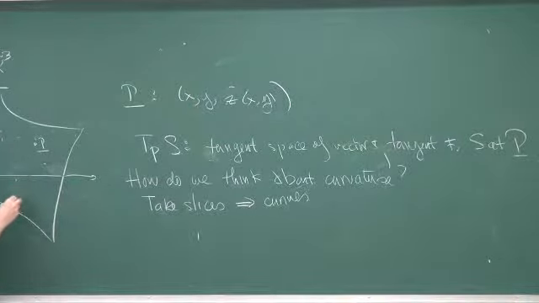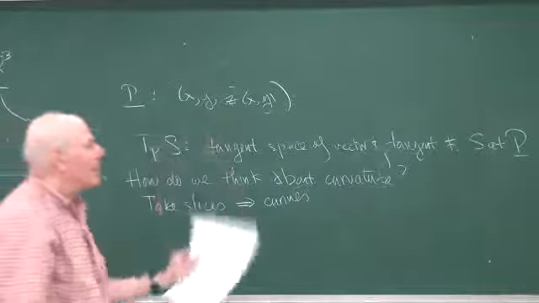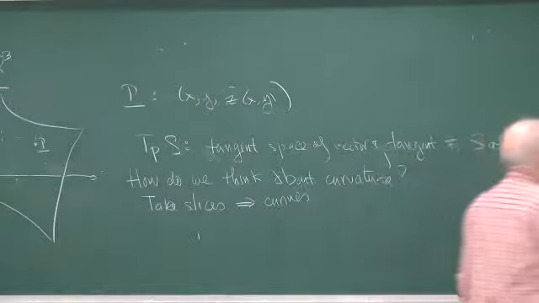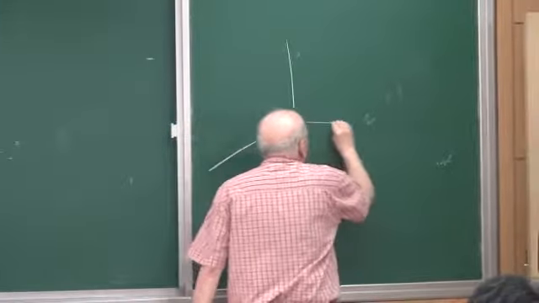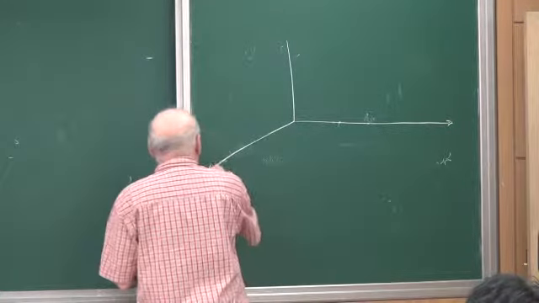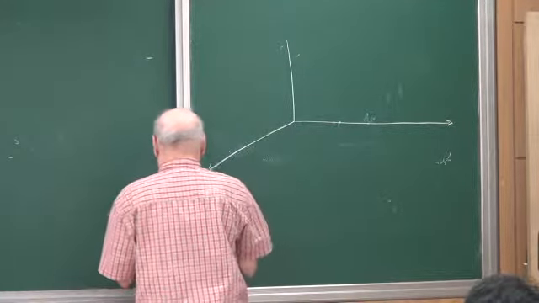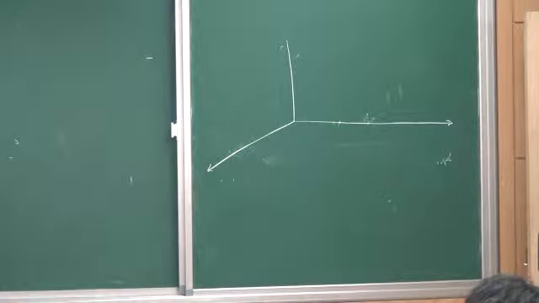Now we take a normal to the surface, and I have a better picture here. Let me draw this picture. I put the three coordinate axes. Now I'm picking a point P on the surface.